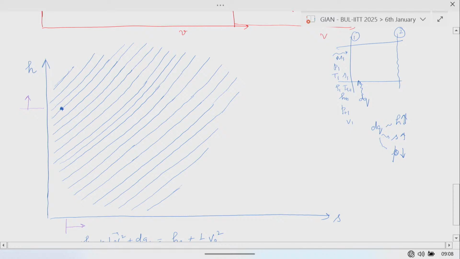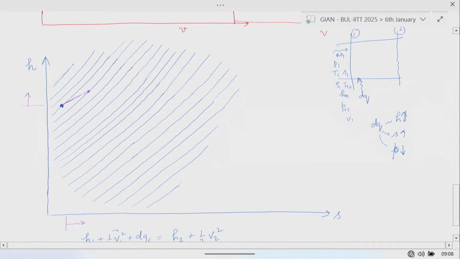So my next point will be somewhere here. Understood? The addition of heat will cause the enthalpy to increase, static pressure to decrease, entropy to increase. So if I continue to heat it, this is what I will see.